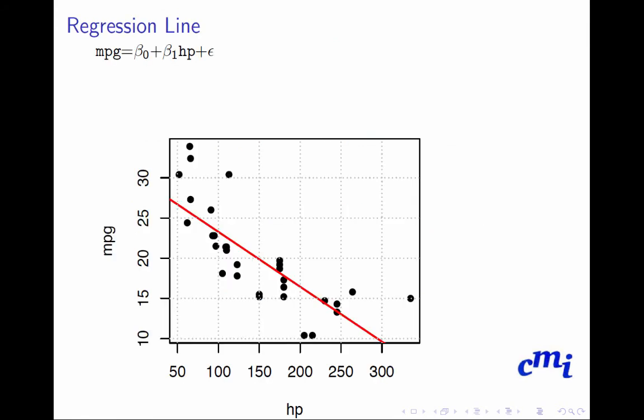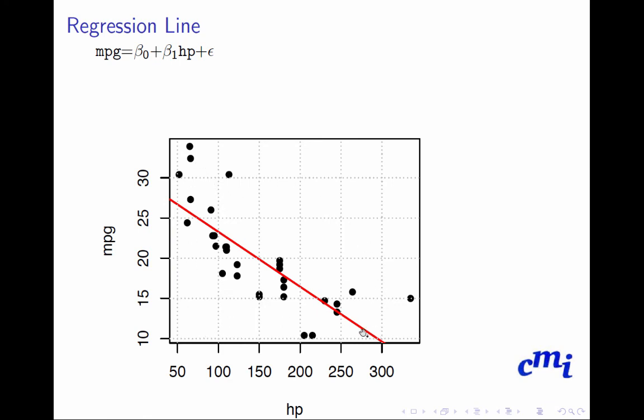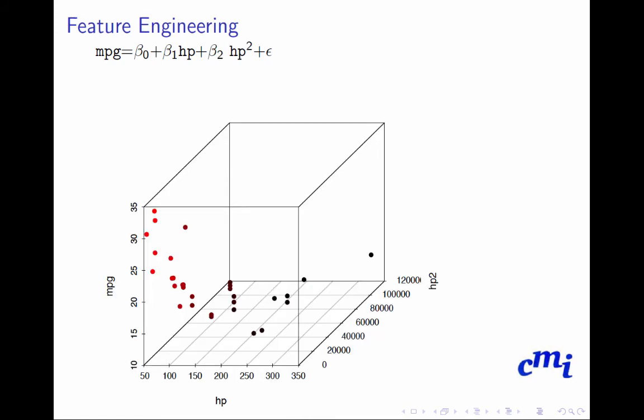So we typically fit the regression line, miles per gallon as a function of horsepower. Now if you put the horsepower squared, the quadratic term, into it, then what is happening is that the original data is in two dimensions, because you have miles per gallon and horsepower, but you add a new dimension.